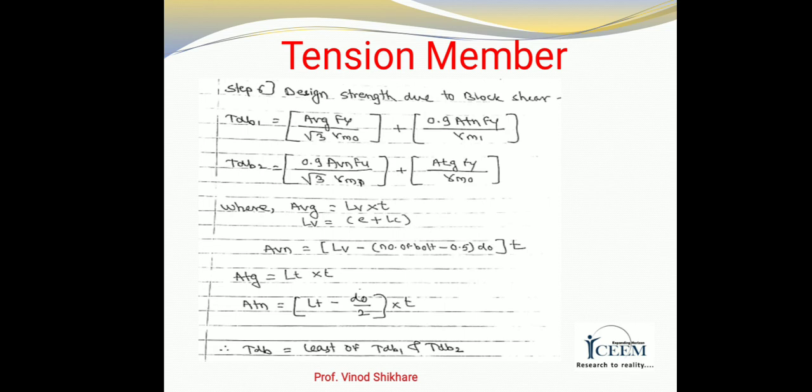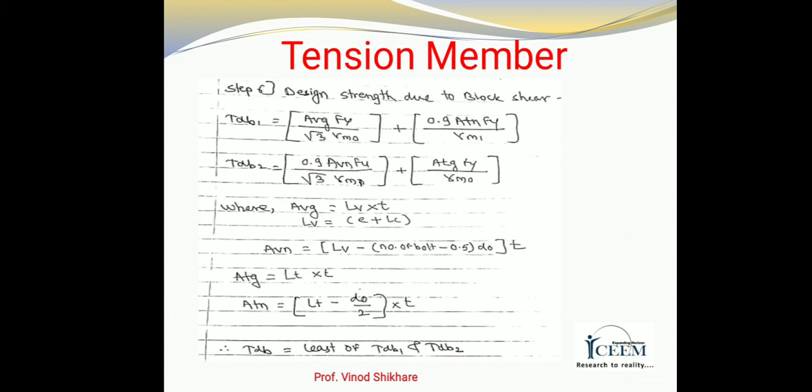Next in the tension member, step number 6 is design strength due to block shear. The strength as governed by block shear at end connections of plate and angles is calculated as follows for bolted connection.